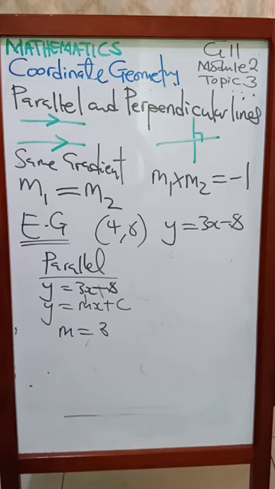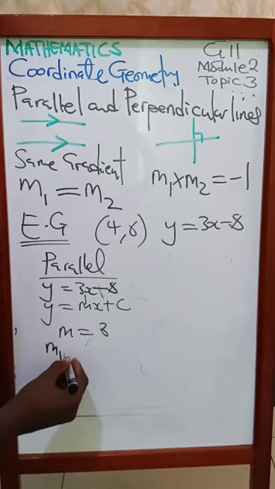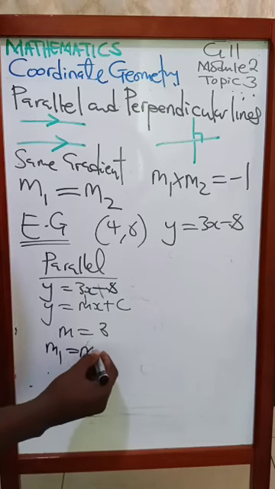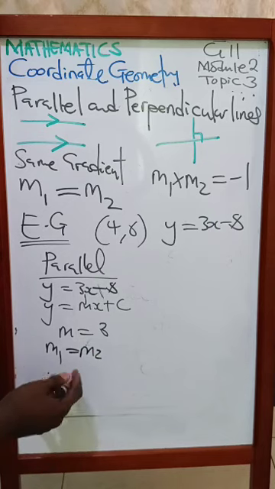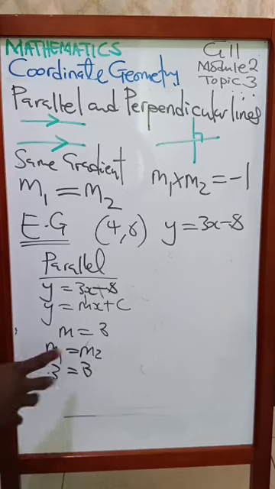Like I stated earlier, when two lines are parallel, their gradients are the same, so m1 = m2. If the gradient m1 is 3, the gradient of the other one is also 3.